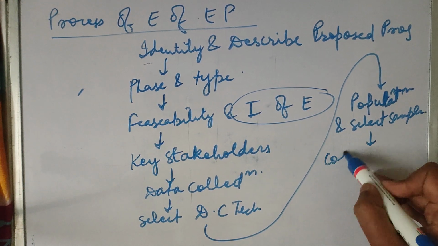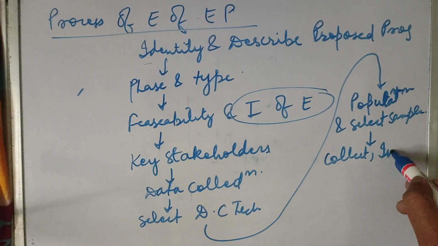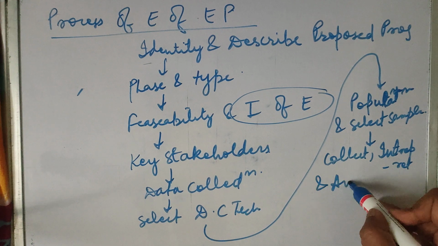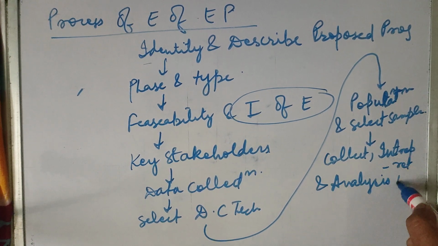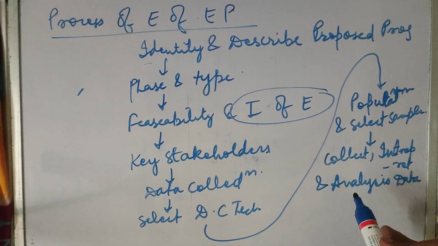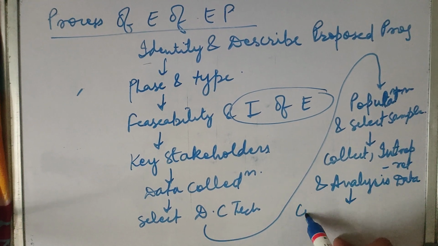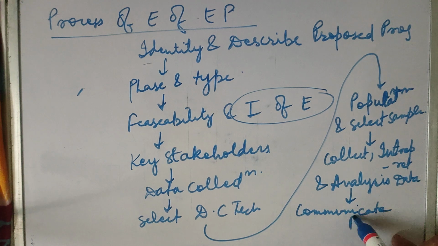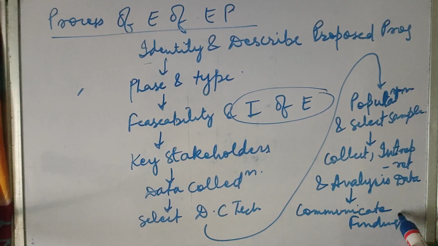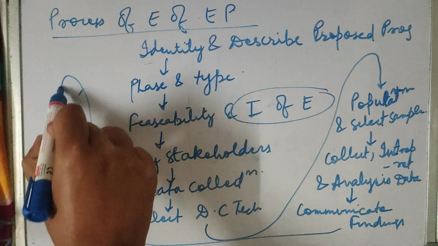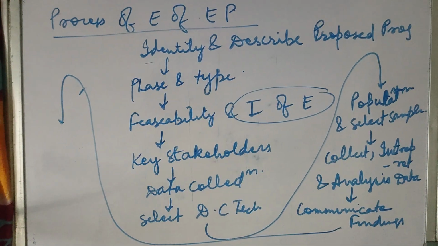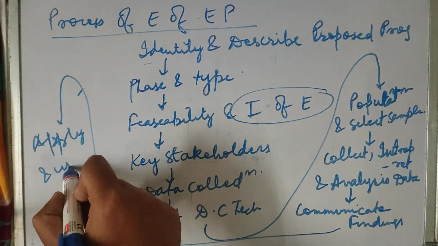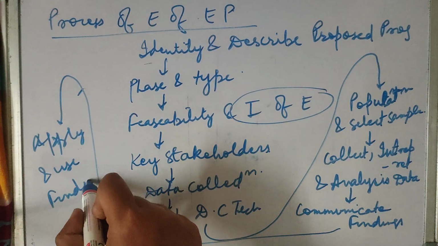Then we will collect, interpret and analyze the data. And then we will communicate findings to the stakeholders involved. And lastly, the last step is to apply and use the findings of the evaluation program.